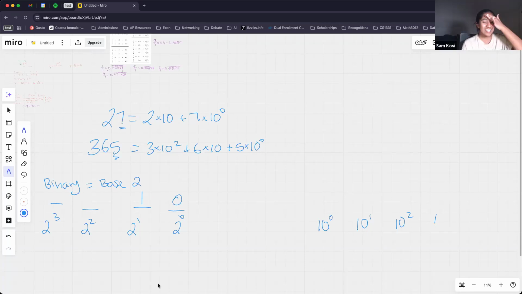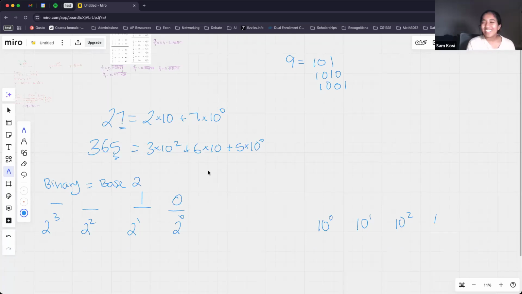Yeah? Okay, let's take a look at some other examples. Can you express 9 in base 2? What is 9 in base 2? Okay, I see 101, 1010, 1001. I think those are the only answers I see. Good.